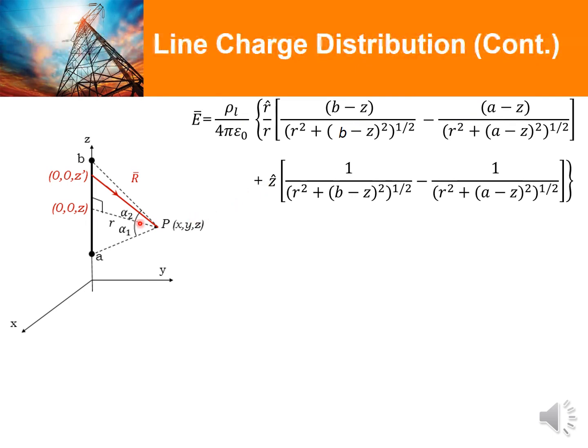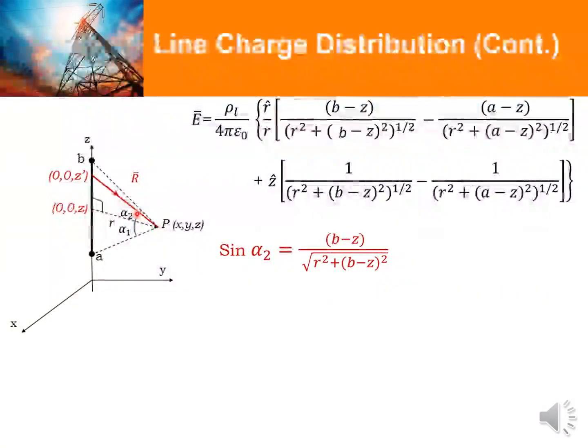Let's look at this illustration here. This is angle alpha 2 and this is angle alpha 1. Sine of alpha 2 is given as B minus z over the length of this line here, that is equivalent to the square root of r squared plus (B minus z) squared.